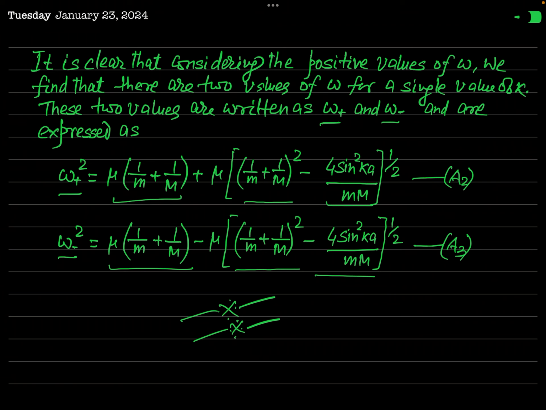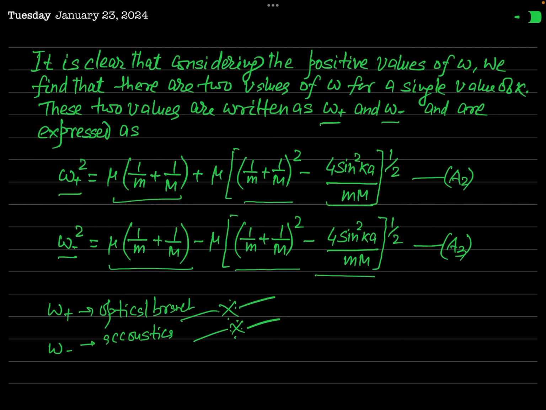We will see in the second part of our lecture that the frequency denoted by omega plus is the frequency of the optical branch, and omega minus is called the frequency of the acoustical branch.